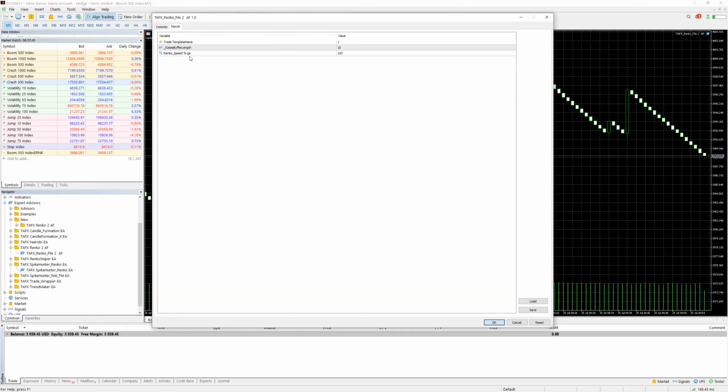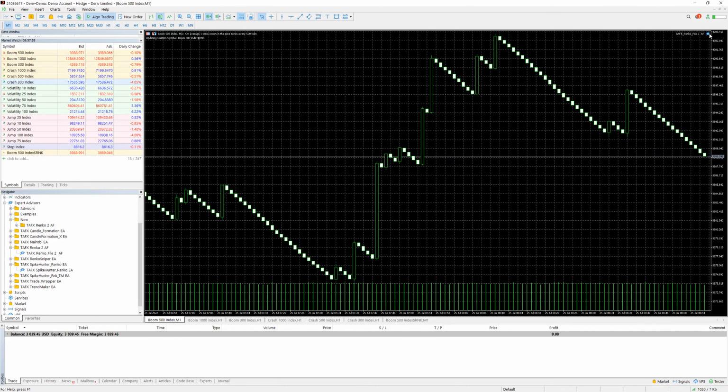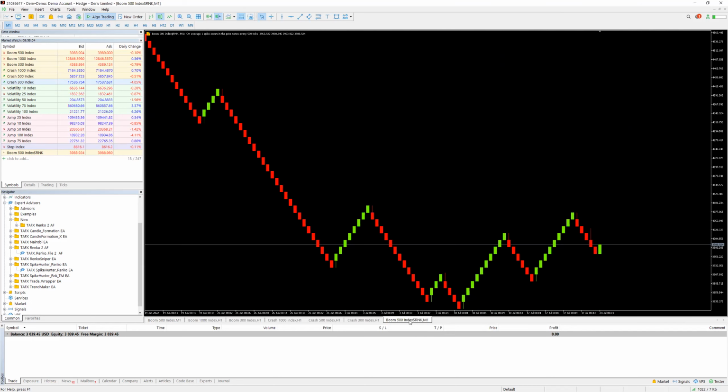This is our Renko file. You'll find this is a Renko speed with 100. So I just want you to mark how this chart looks. I do believe you see how it looks. And let's change our percentage to 50%. Let's click OK. Let's go to our 500.